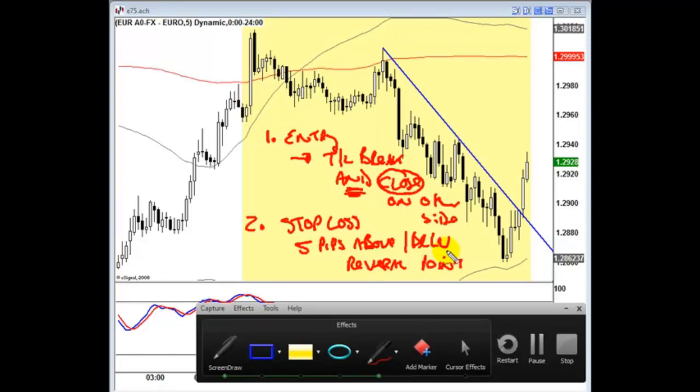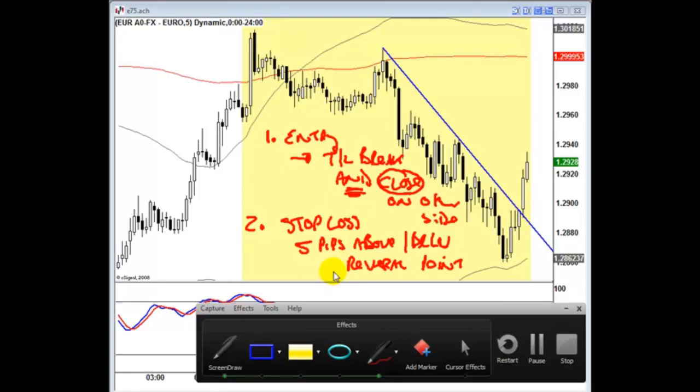The entry must be on a trendline break and close on the other side of the line, and the stop loss has to be set 5 pips above or below the reversal point, bearing in mind that you have to take spread into account if you're selling, because the stop loss has to be a buy, and you have to take the spread into account.